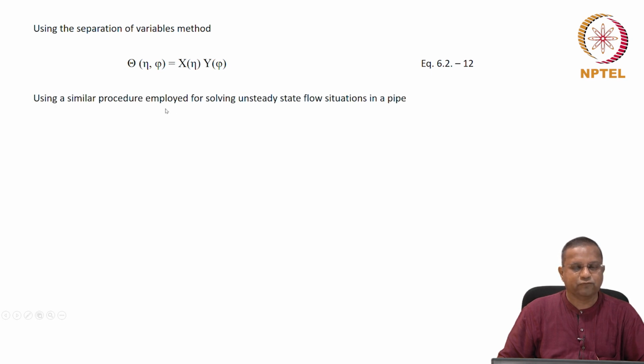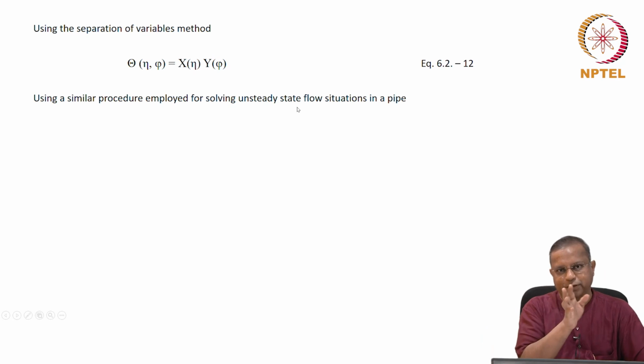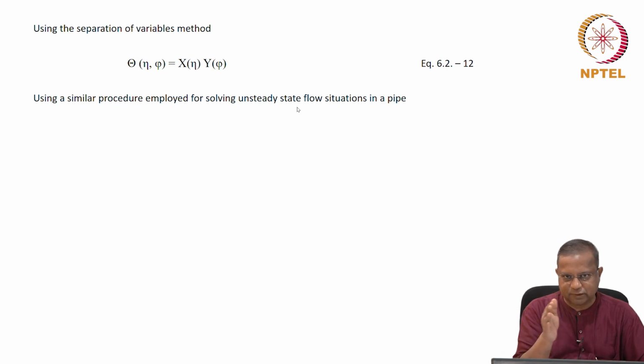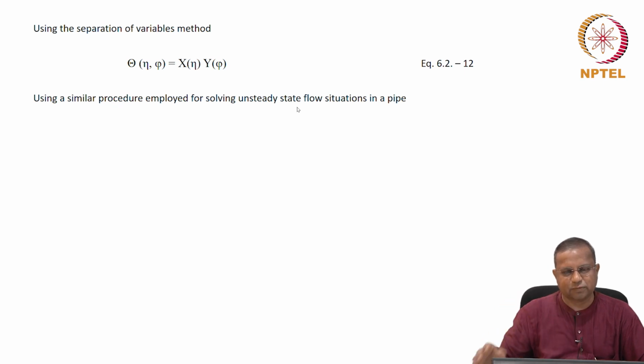We had seen this when we looked at the case of unsteady flow. Recall flow in a cylindrical pipe that is set into flow at time t equals 0, and then we were looking at the unsteady state region, the initial times before it attains steady state.